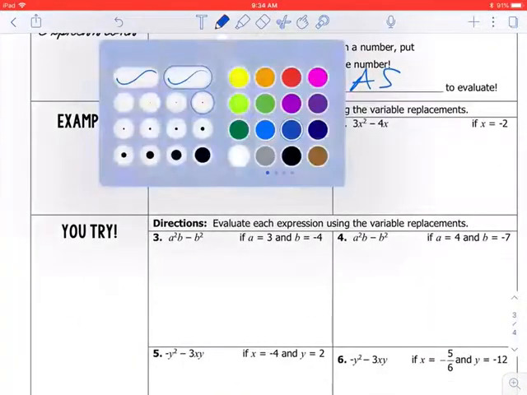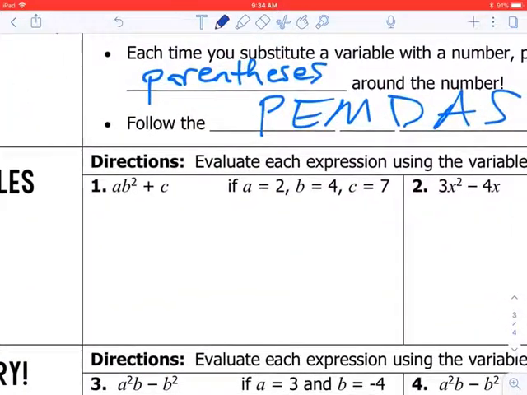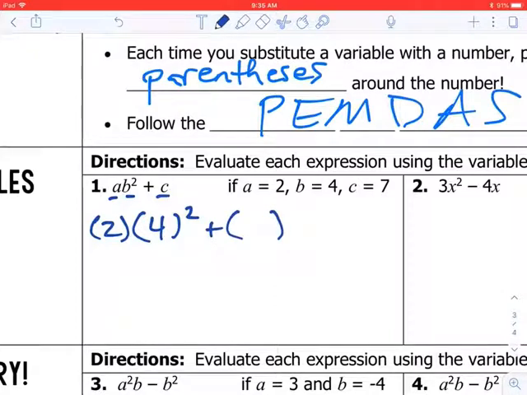So in our first example here, I've got A, B, and C. For A, I've got 2. B squared, I've got 4. And then plus C is 7. And then I just use PEMDAS. Parentheses, technically I do, but there's nothing going on inside the parentheses.